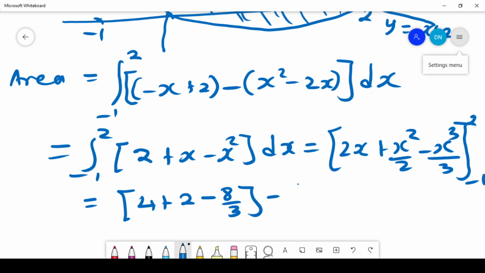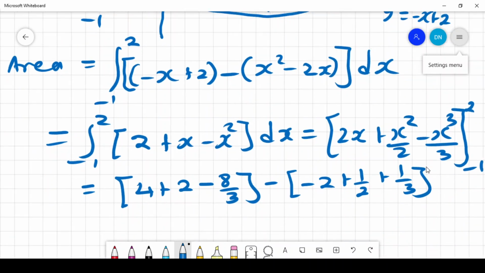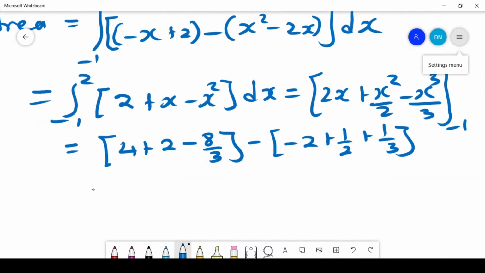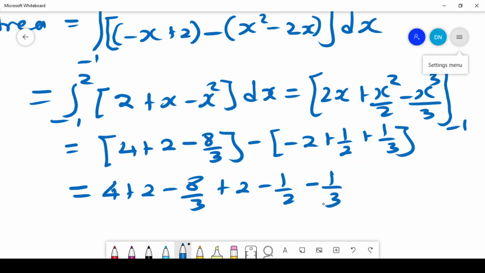And then minus, if I replace the limit of integration, 2 minus a half plus a third.